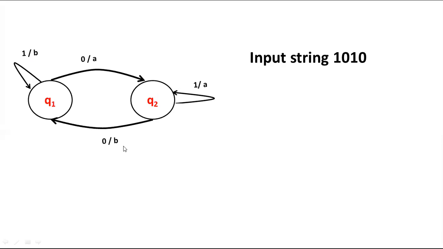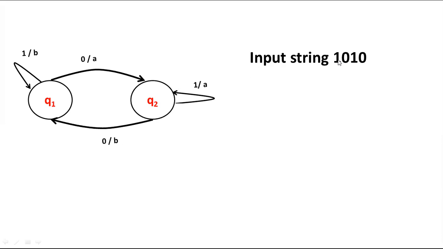Now, if the input string is 1010, what will be the output? I am at state Q1. If the input is 1, it goes to Q1 itself with output B. So the answer so far is B.